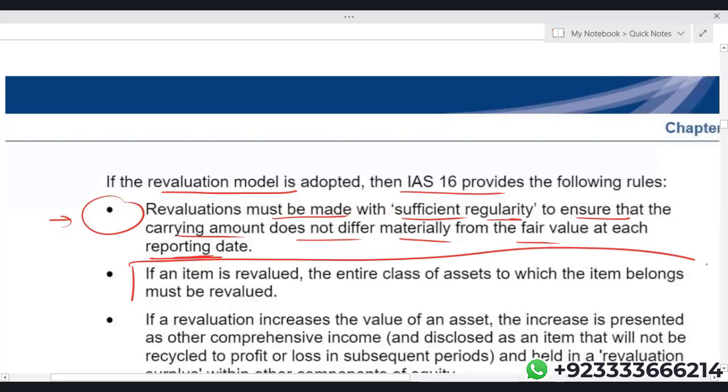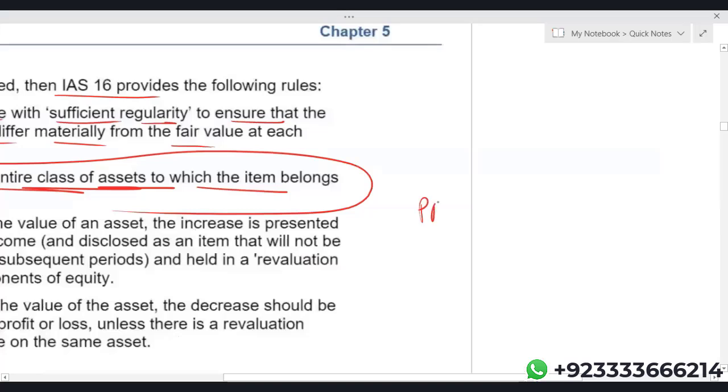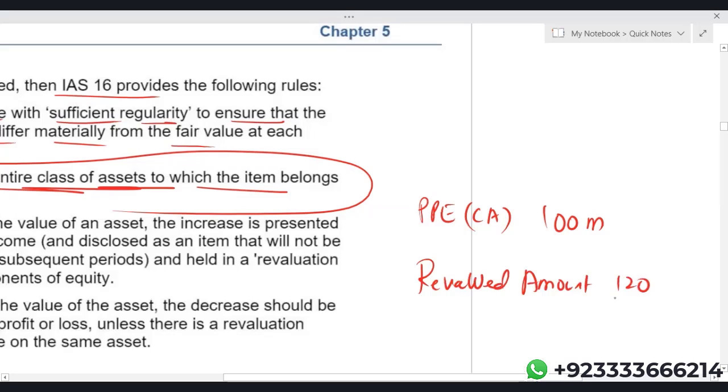Another important point: if an item is revalued, the entire class of asset to which the item belongs must be revalued. And obviously, let's say there is a property, plant and equipment having carrying amount 100 million, and let's say first time we are revaluing this asset and assuming the revalued amount is 120.